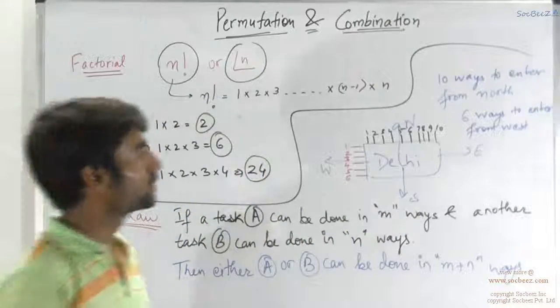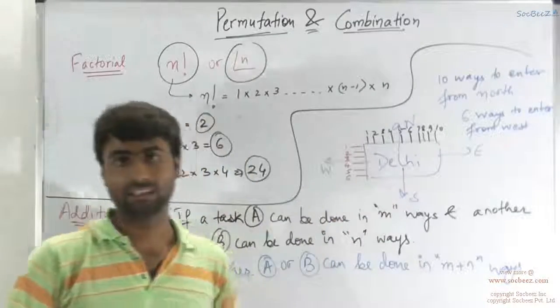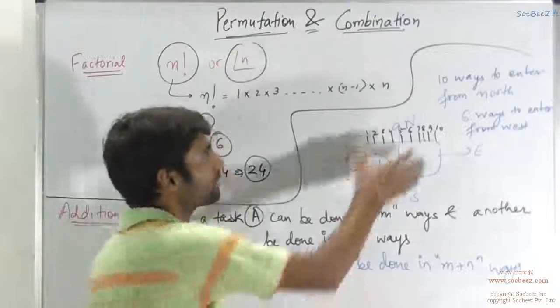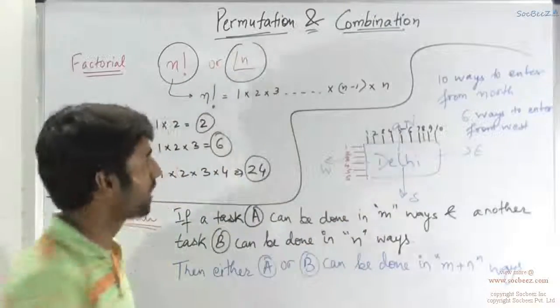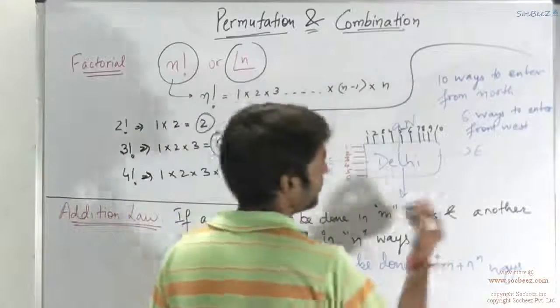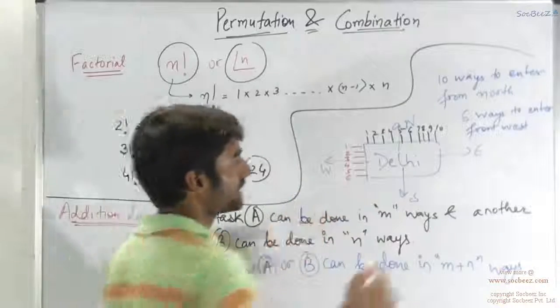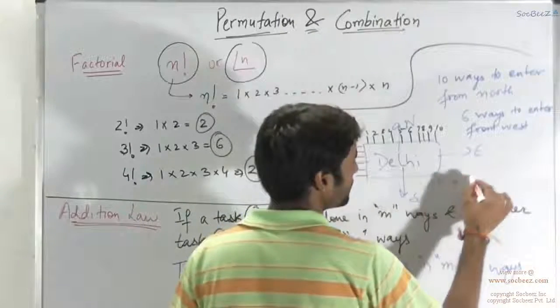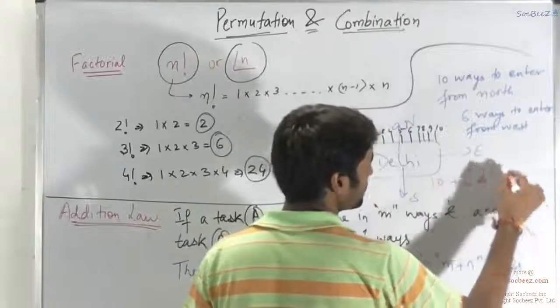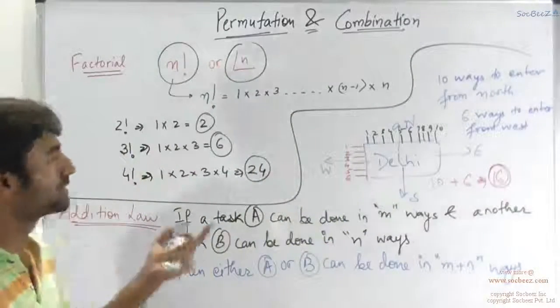If I ask you how many ways there are to enter the city Delhi, you can enter from any of these 10 gates or any of these 6 gates. So finally, how many ways can you enter this city? That is 10 plus 6, that is 16. This is exactly what the addition law says.